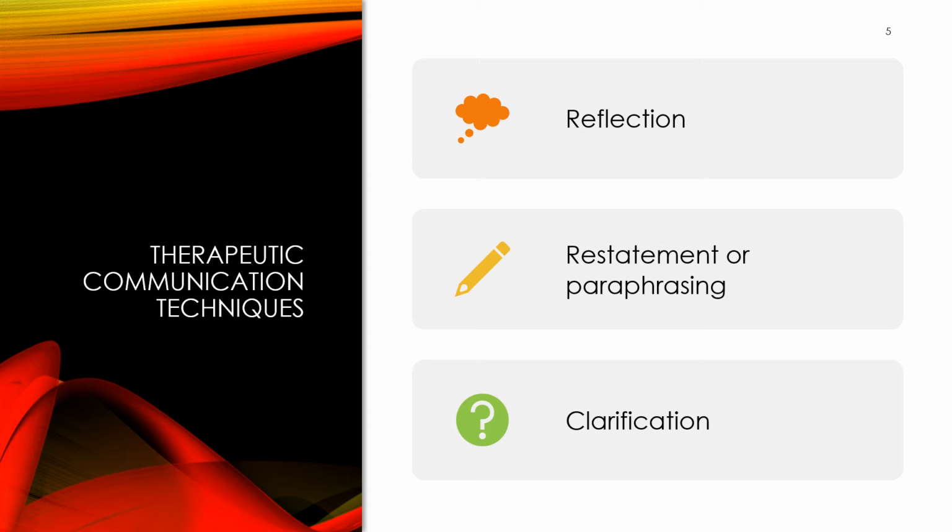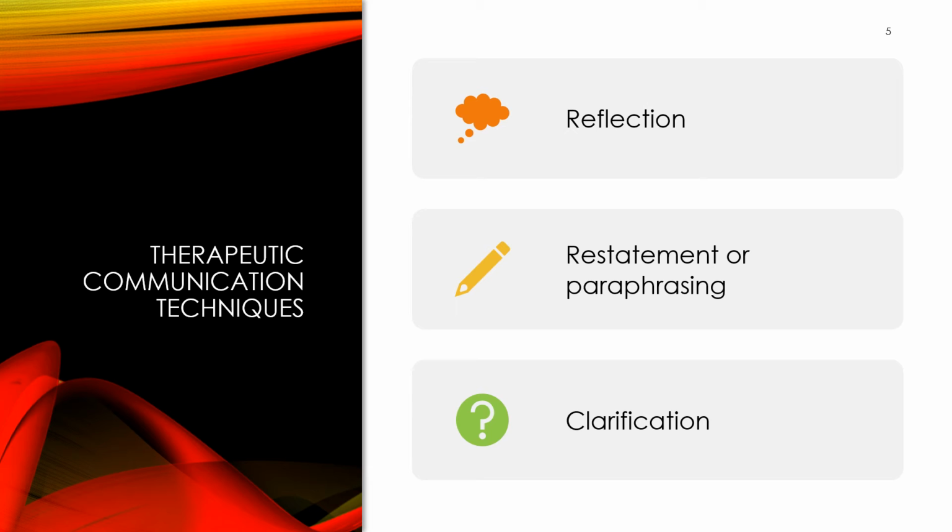Now, depending on the situation and the information that you need to communicate with a client, you may use a variety of therapeutic communication techniques. Some of these techniques include reflection. So reflection is when we want to try to put a person's words into feelings.